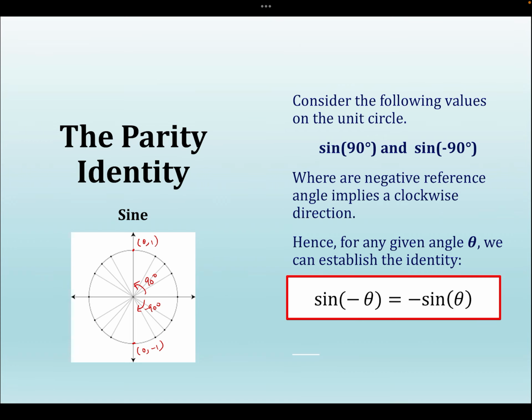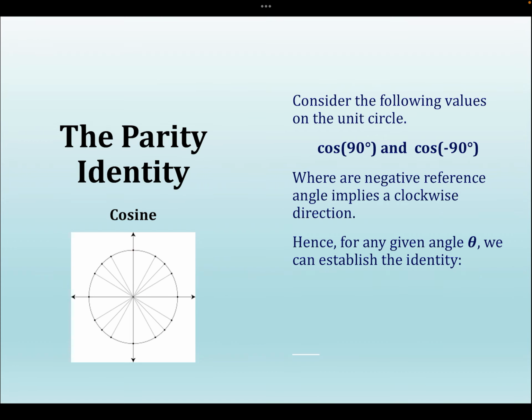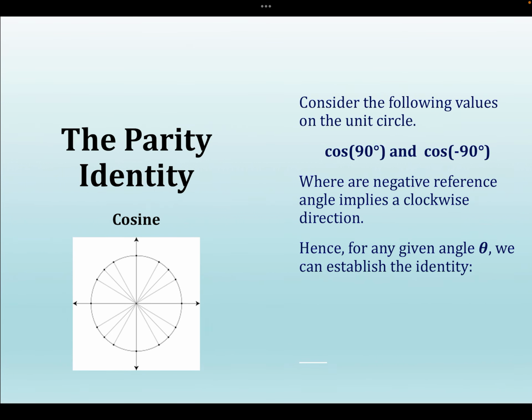Now let's talk about using the same thing, but for cosine. Again, 90 degrees here, and minus 90 degrees here. 0 and 1, 0 and minus 1.